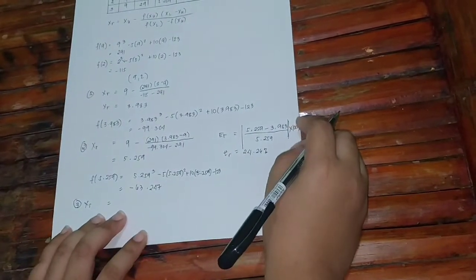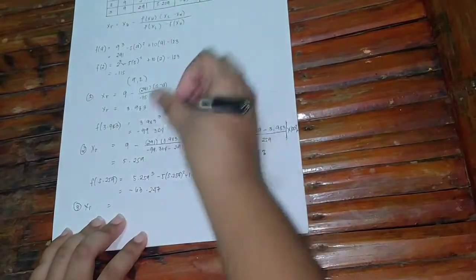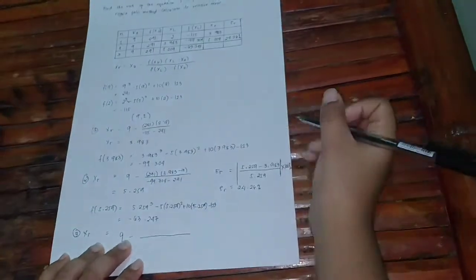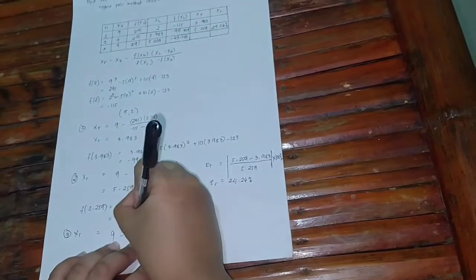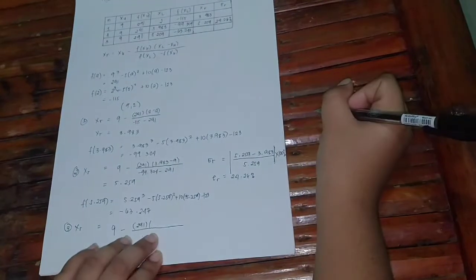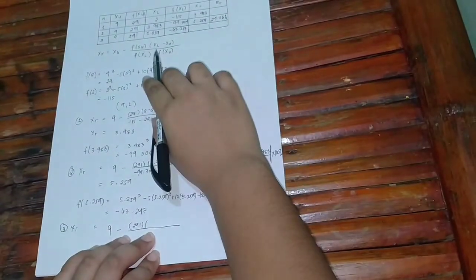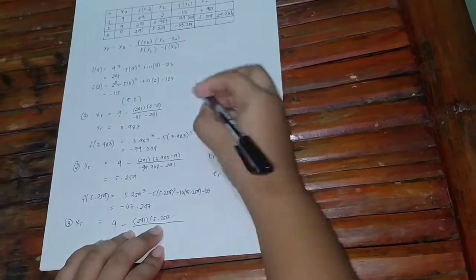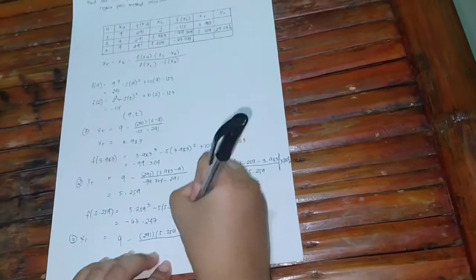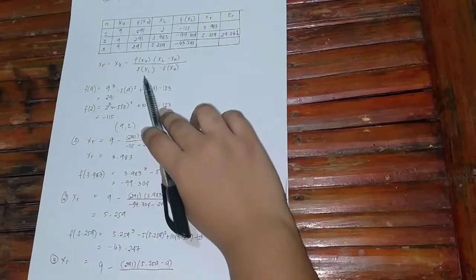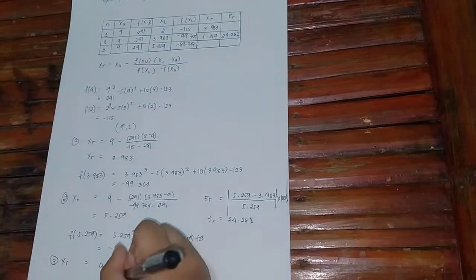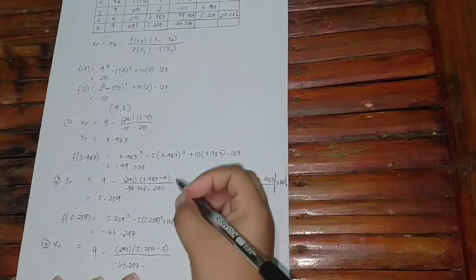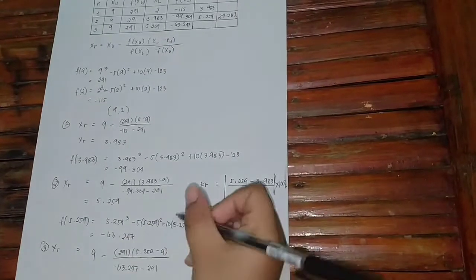Now for the third iteration. So here x of r is the upper, still 9, minus the f of x of u, still 291, times the x of l, which is 5.259, minus the x of u, 9, over f of x of l, which is negative 63.247, minus the f of x of u, which is again 291.